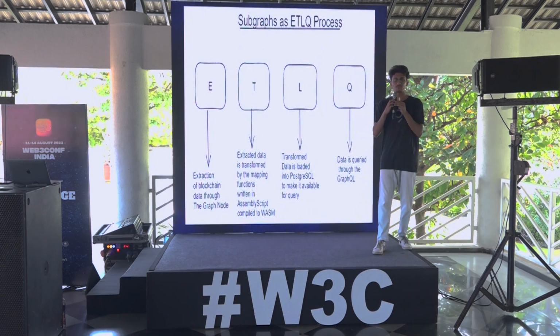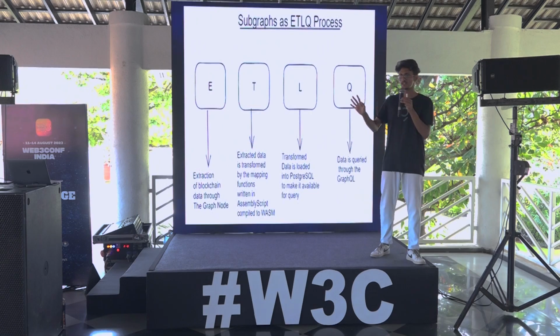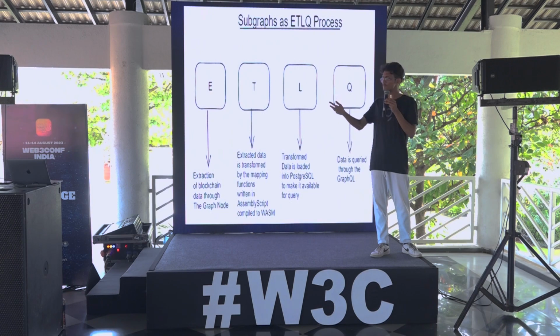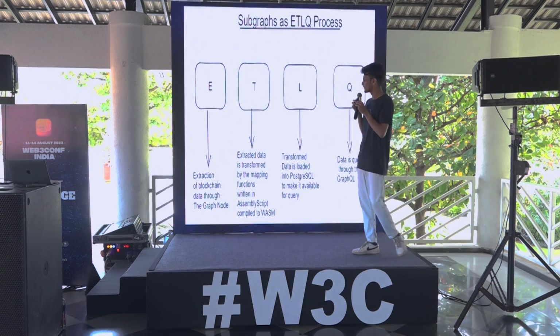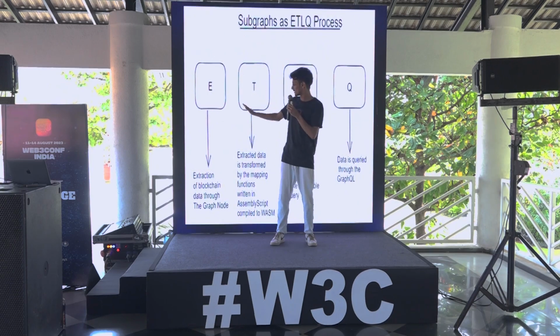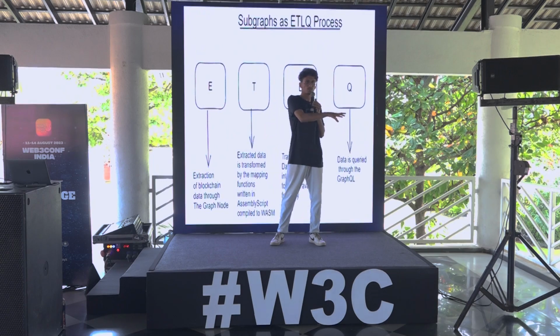Yeah, so all of the data that is being processed, we can see as part of the ETLQ process. As you know, ETL stands for extraction, transformation, and load, and the Q part is for query. For extraction in subgraphs, extraction is done through the Graph Node, which uses RPC calls under the hood, and they index the particular blockchain data using the RPC calls.